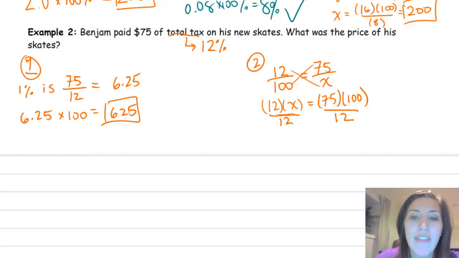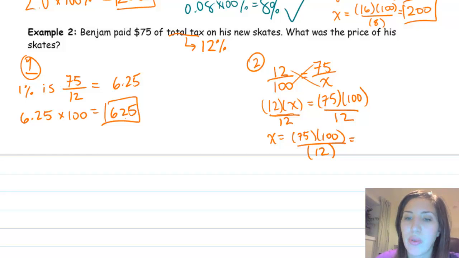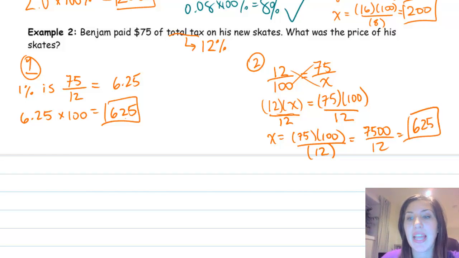So here we're now going to have x equals 75 times 100 over 12. And that should give us 7,500 over 12, which is 625. That's awesome that they both match up, but let's double check just to make sure.